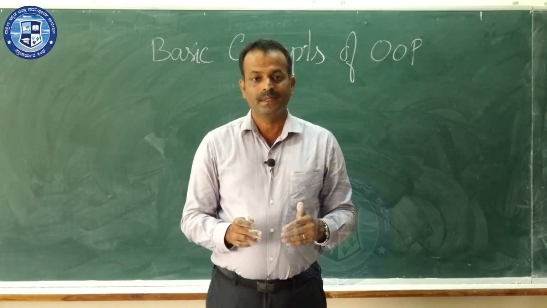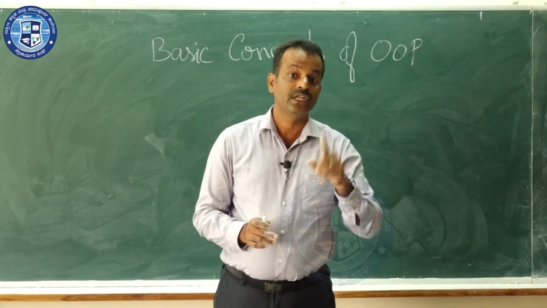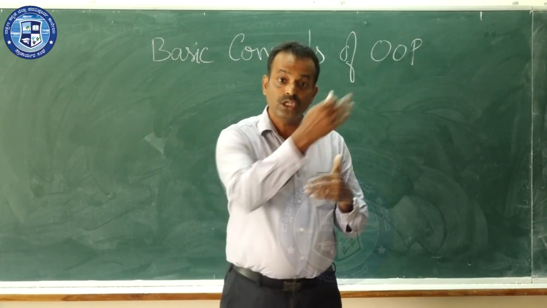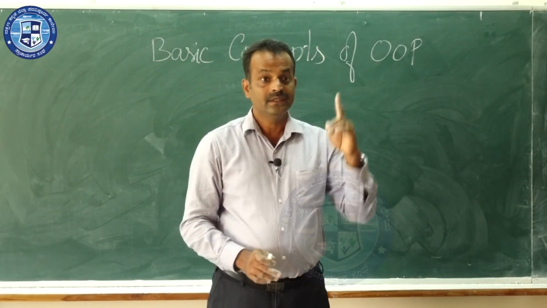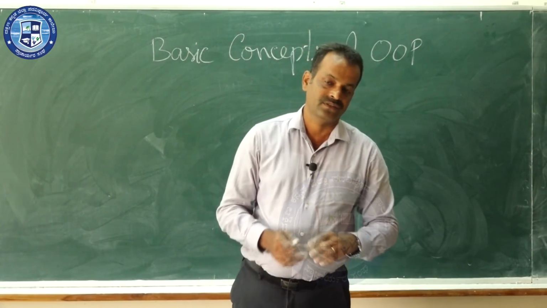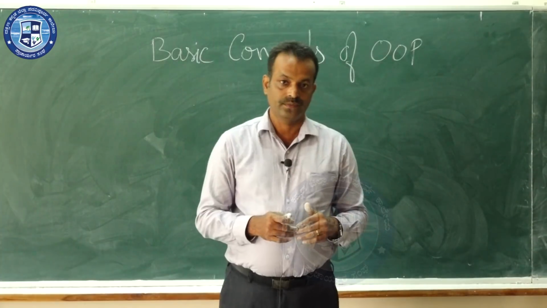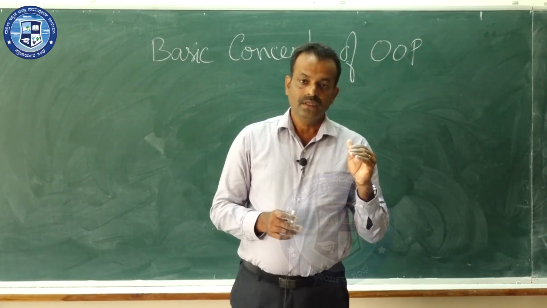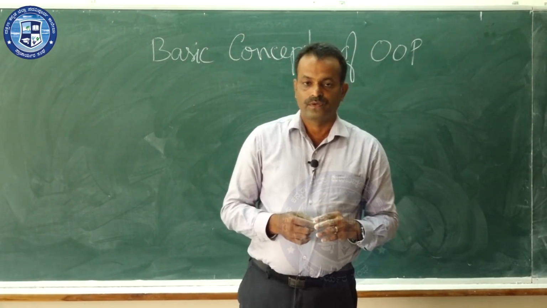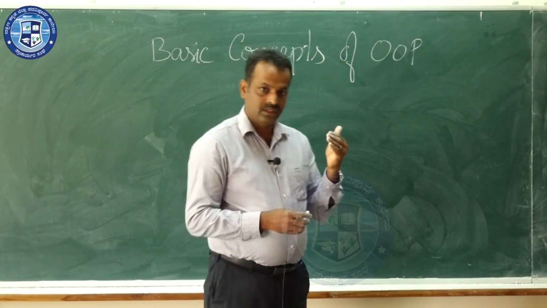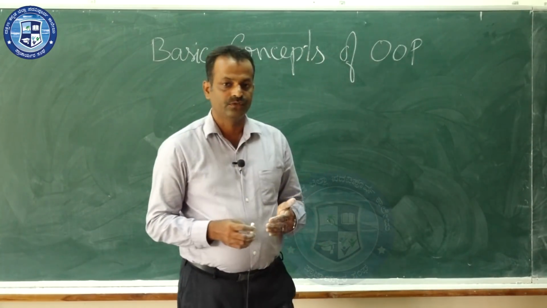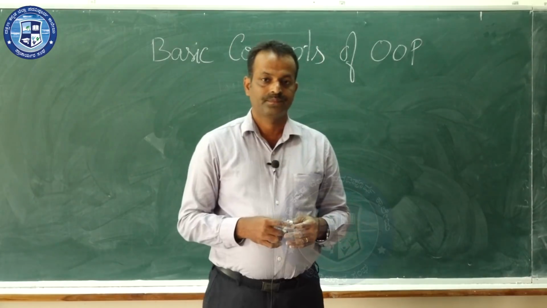With this, code reusability increases. You can reuse the code, and code duplication is reduced. So you need not duplicate the code. That is the advantage of inheritance, and indirectly, the advantage of the object-oriented program.